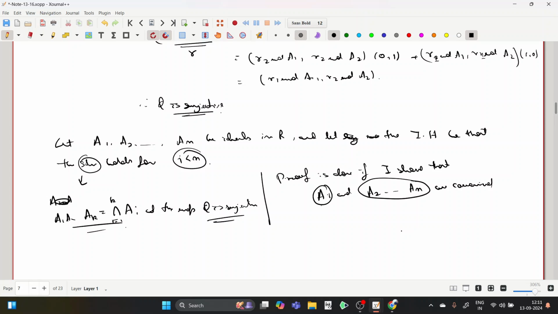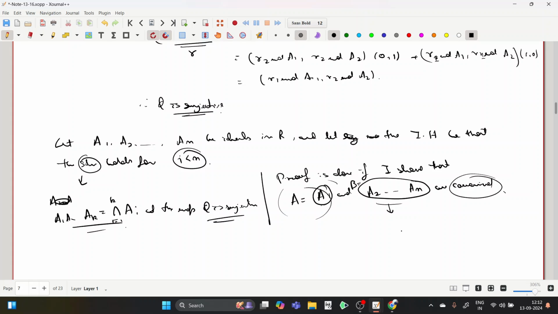So if I show that these two are co-maximal, so I choose this to be A and suppose I choose this to be B, I already have proved the same statement for two ideals. So if I choose B to be the product of these ideals, I eventually land up with only a single ideal. Here I also have a single ideal. I have already proved the above statement for two ideals. So the proof just holds if I just show that these two are co-maximal. I hope you got my point.